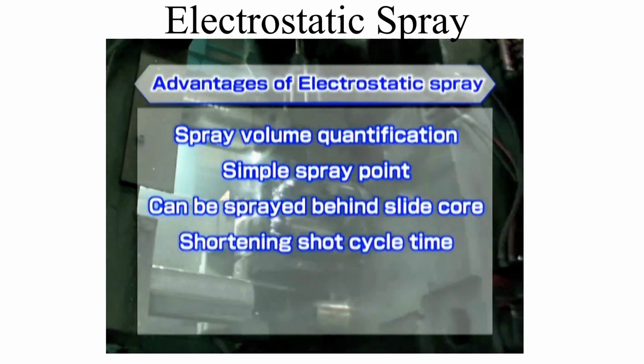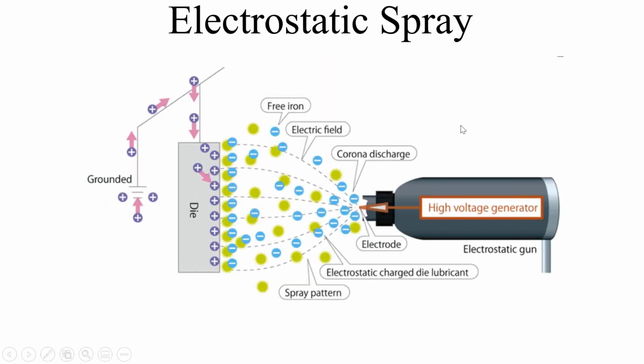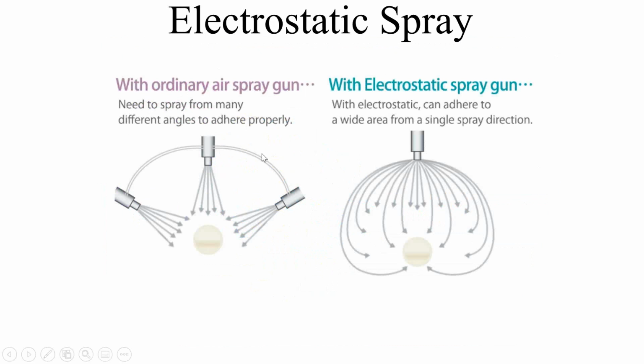So here's some advantages of using electrostatic spray. So really quickly, we're using some sort of charge device to charge those very fine spray particles. The die has the opposite charge, it's grounded, and then we're getting an adhesion of those lube particles to the die electrostatically. It has the ability to wrap around.